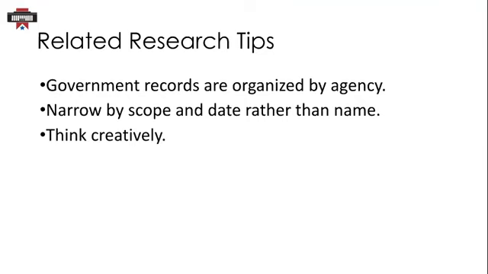And you might need to do more background research on a topic to get ideas of what other agencies could have been involved with that topic. For example, if you're researching Texas cattle, the Texas Department of Agriculture is the most obviously related agency, but there could also be governor's records or Texas Ranger records if there were hot topic issues that needed to be enforced or addressed by the government.